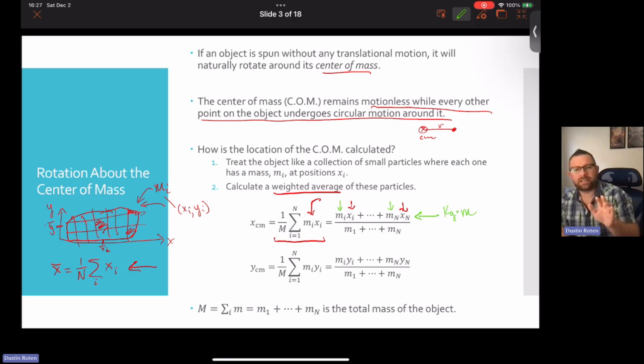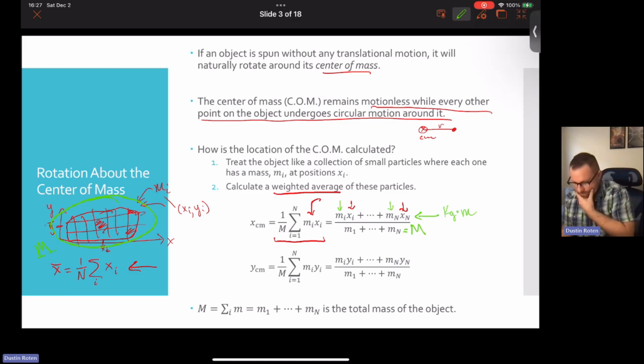Well, that's weird. We don't want kilograms. So what we do is we divide by big M, or the total mass. So it's all these things added up divided by the mass of the whole thing, our whole object. Big M is what we're after.